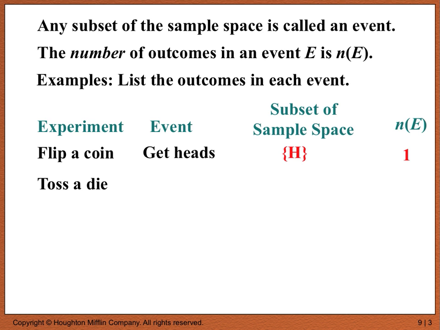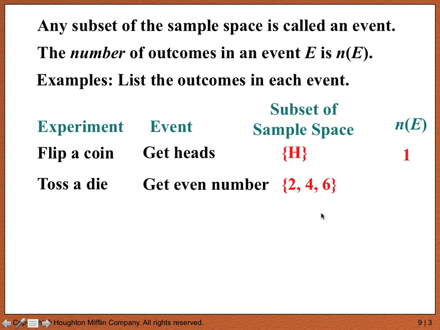Now let's look at the experiment of tossing a die. We know from the last screen that the total sample space consisted of 6 possibilities. But the event that I'm talking about here is a subset of the sample space to get an even number. When you toss a die, if you want to get an even number, that's an event because that's a subset of the sample space. And that subset is 2, 4, 6.